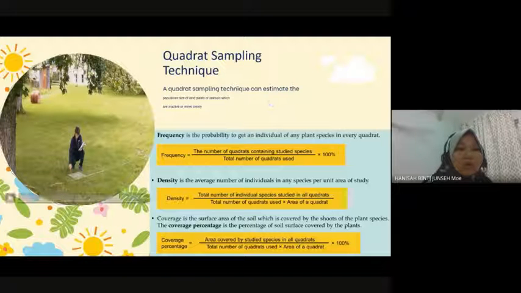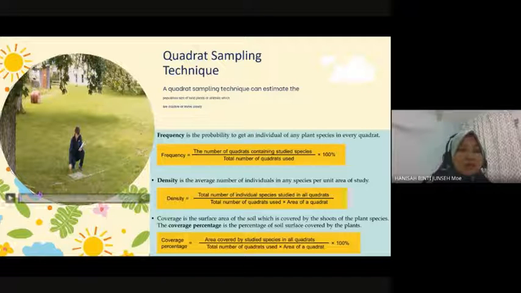Okay, you can see here there's a video. I already attached a video here. You can see that this person, they use a quadrat. Quadrat is a grid, usually in a form of square. All right.